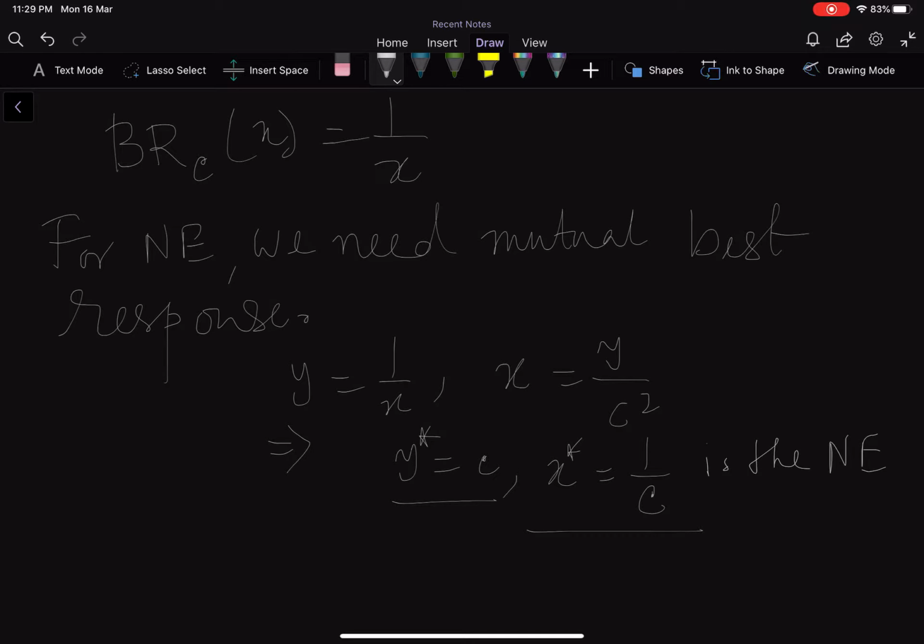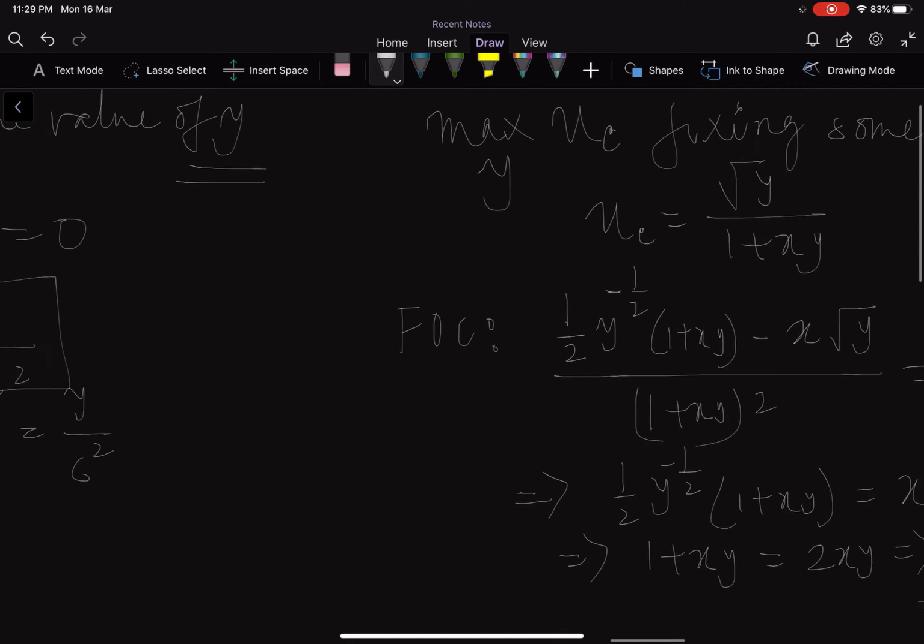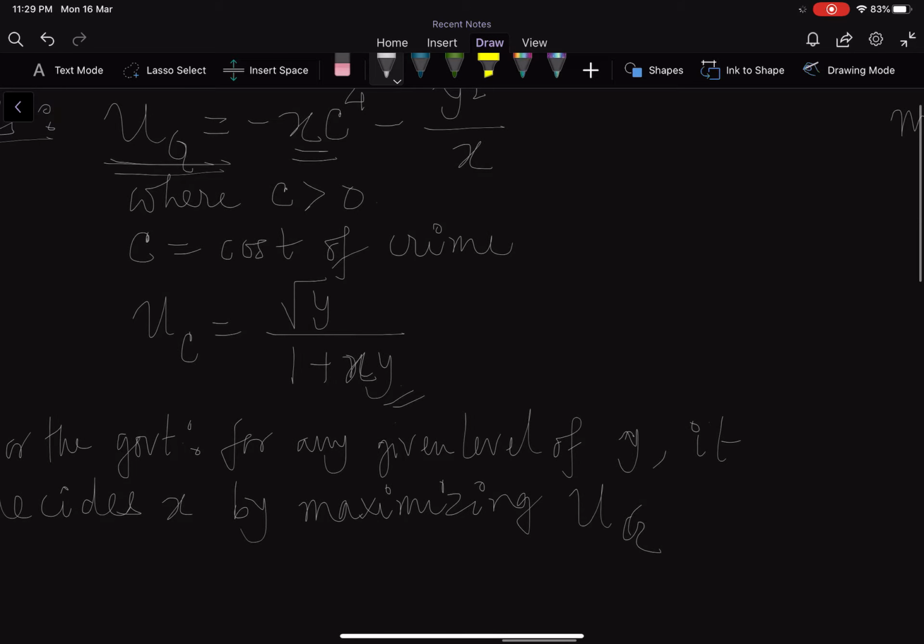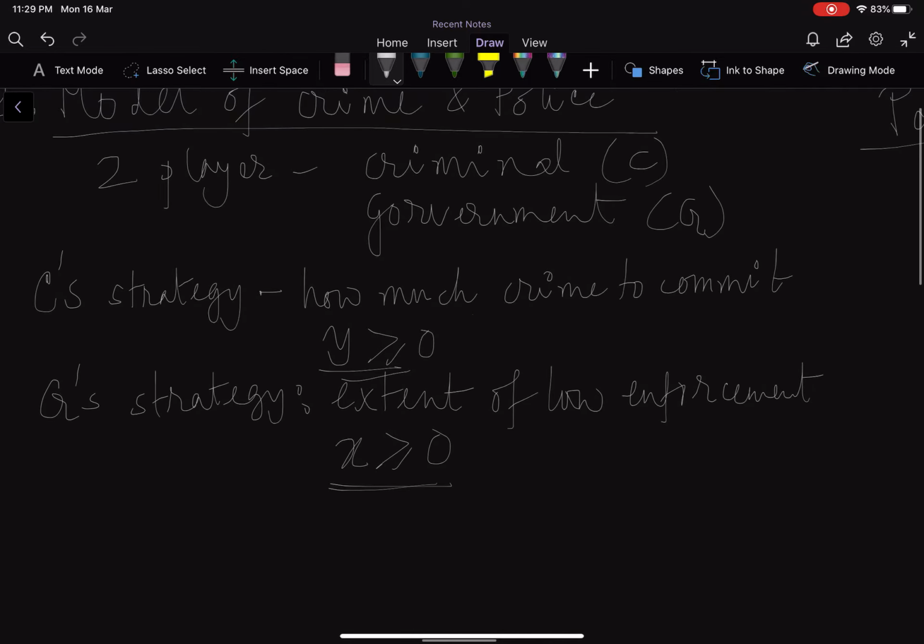Okay, and this tells you that the higher the c, the greater is y. Again, just to go back, y is the criminal's strategy and x is the government's strategy.